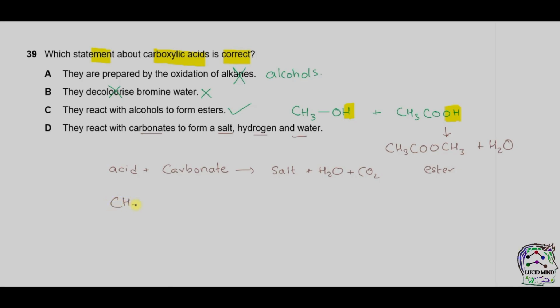We have CH3COOH, ethanoic acid, plus if we take sodium carbonate, then the salt formed is CH3COONa, sodium ethanoate, along with H2O and CO2. No hydrogen gas is formed, so this is incorrect. The correct answer is therefore C.